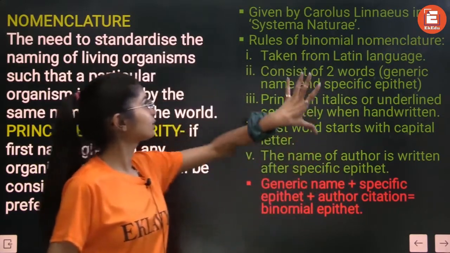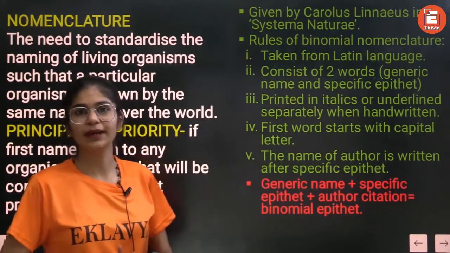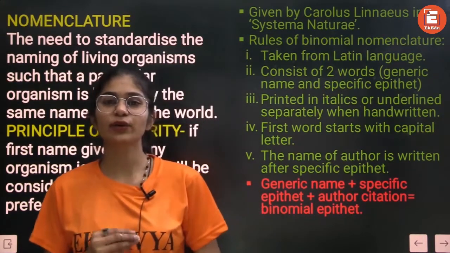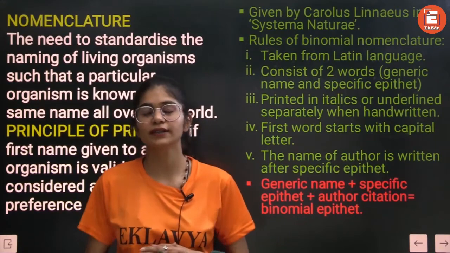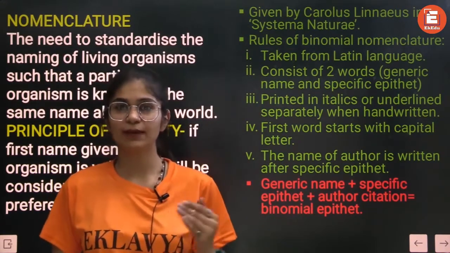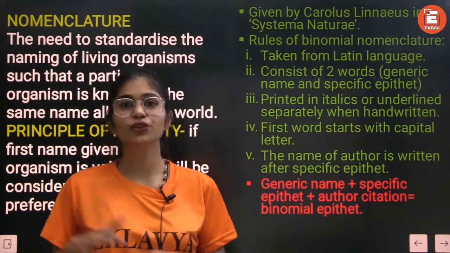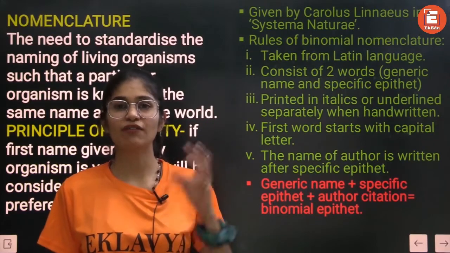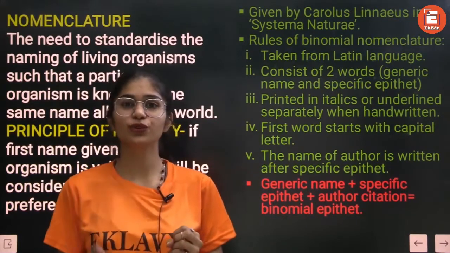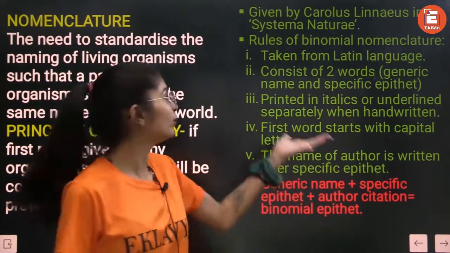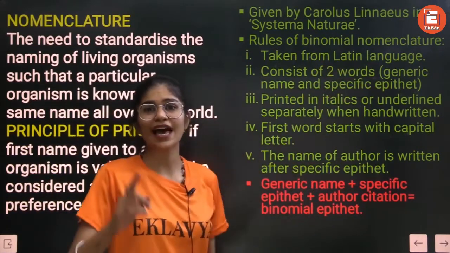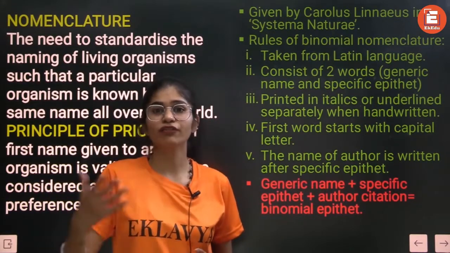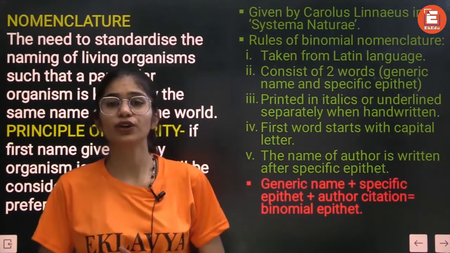Now let's come to the nomenclature of how we named mango as Mangifera indica. These words are taken from the Latin language. When you're trying to name organisms globally, you need a universal system, so you need a particular language that every country will use to name something. We started using Latin because when the system was introduced, Latin was very famous and a lot of countries used it.